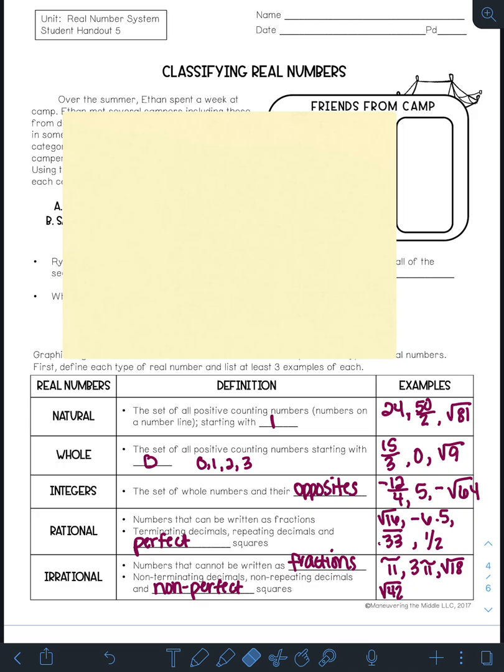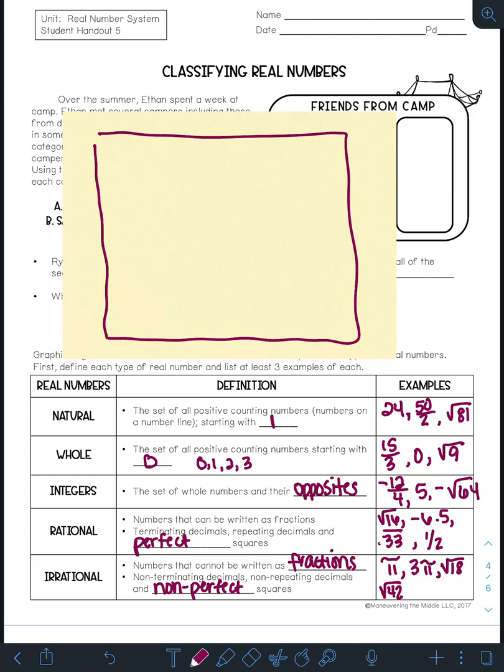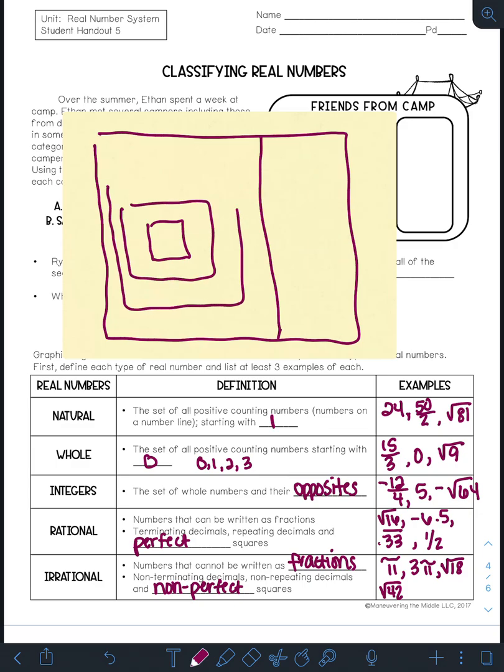So if you are going to have a system that is a box that looks like this as real number sets, it's going to have a part over here. And inside of this box, you are going to have a smaller box, and then a bigger box, and then an even bigger box. So these are real numbers.